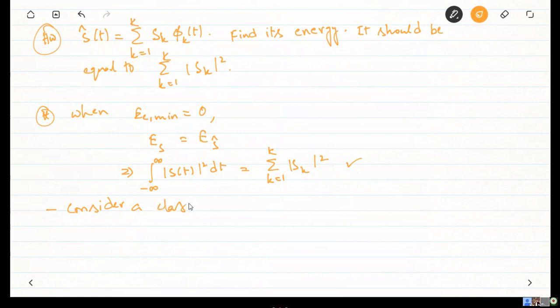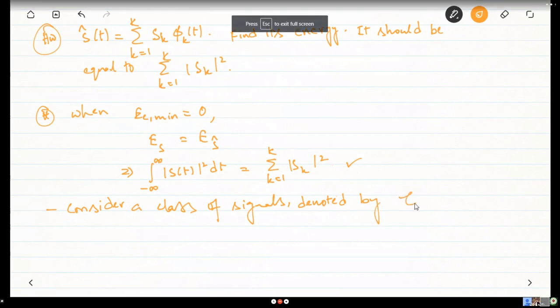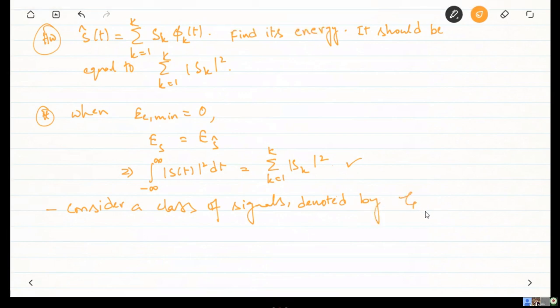Consider a class of signals, calligraphic C. So consider a class of signals C.